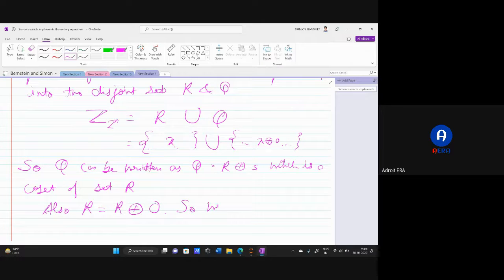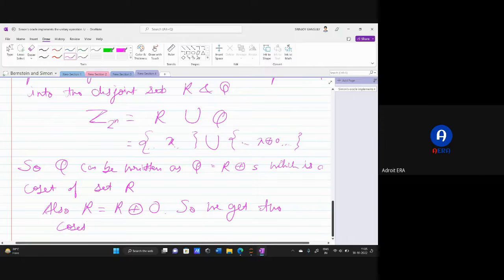So we get two cosets, like two complementary sets. A coset is more like a complementary set, because Q is equal to R XORed with s, just as we have complementary angles: one is theta, one is 90 minus theta.